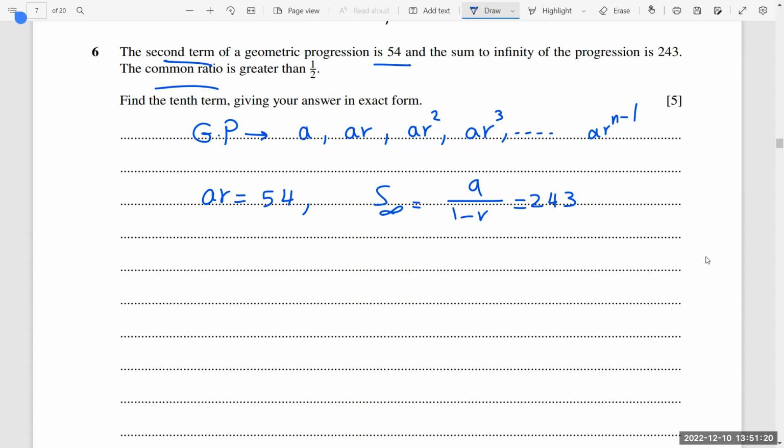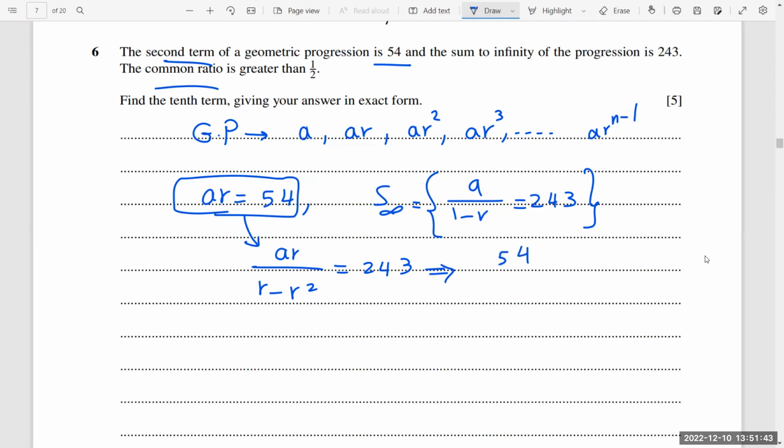I want to find r, so just remove a. A can be multiplied by r up and down here. I can multiply this equation by r to get ar over r minus r squared is equal to 243. And after that, instead of ar now, I can put 54 here. This equation implies 54 over r minus r squared is equal to 243.